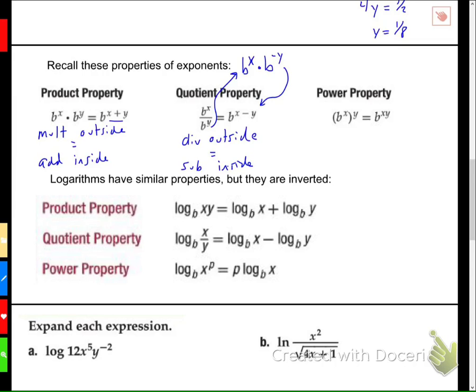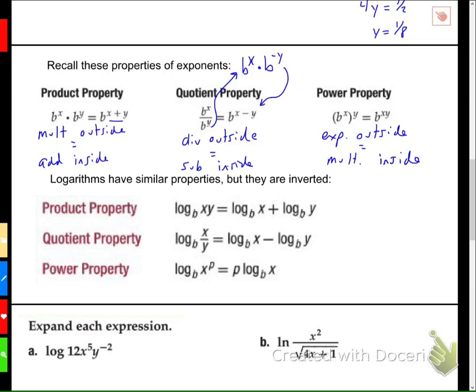And then we've already seen this one, that if you have something raised to a power and then raised to another power, you end up getting them multiplied together. So exponentiation, exponents on the outside, gives us multiplication on the inside.